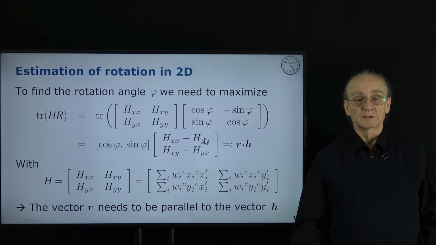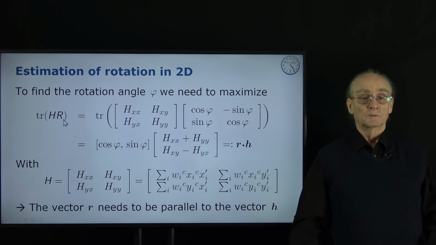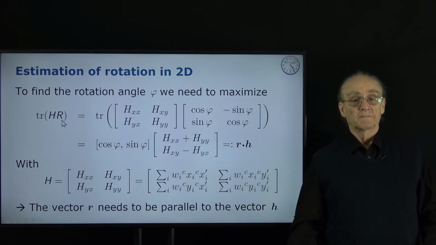So what you see here, we have the trace of this HR product of two by two matrices written down as a scalar product of the vector cosine phi, sine phi, which is a direction vector of our unknown rotation, multiplied with a 2 vector where we know all the entries because we know the matrix H.